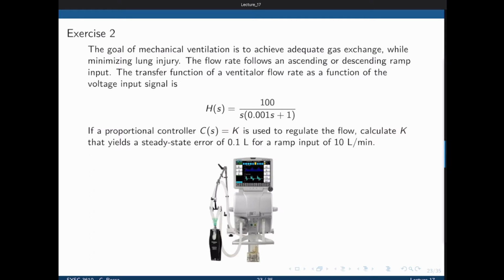The flow rate in this case can be characterized by a ramp function that goes up and down. The transfer function of the ventilator flow rate as a function of the voltage input we give to it is given by H of S. If a proportional controller is used to regulate the flow, calculate K such that it yields a steady state error of 0.1 liters of air for a ramp input of 10 liters per minute.